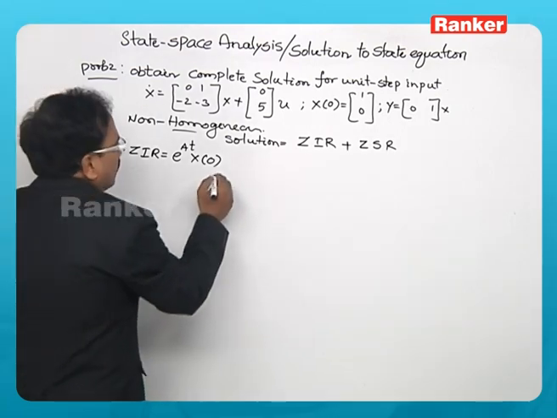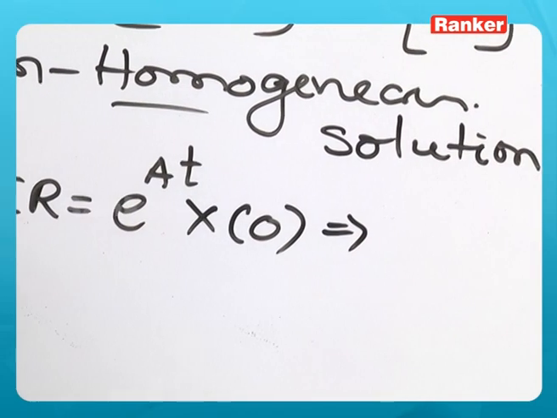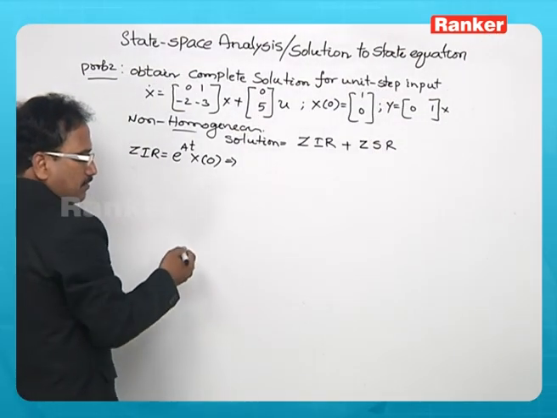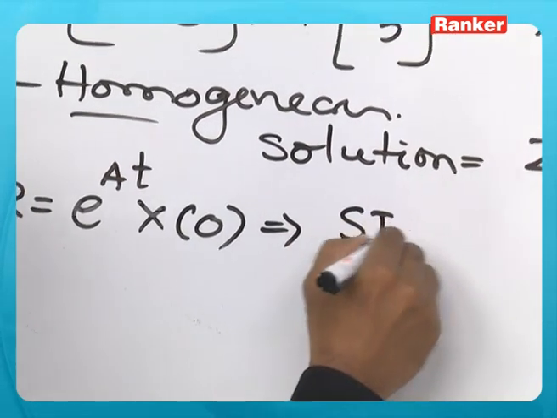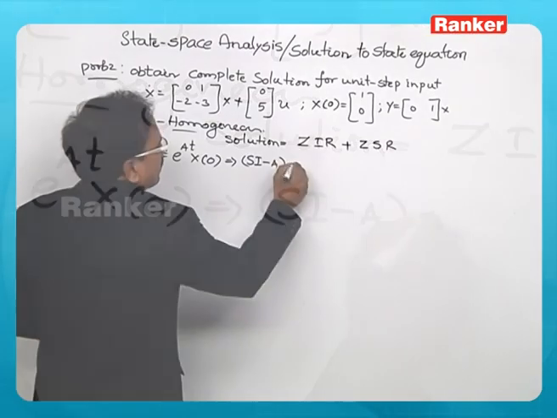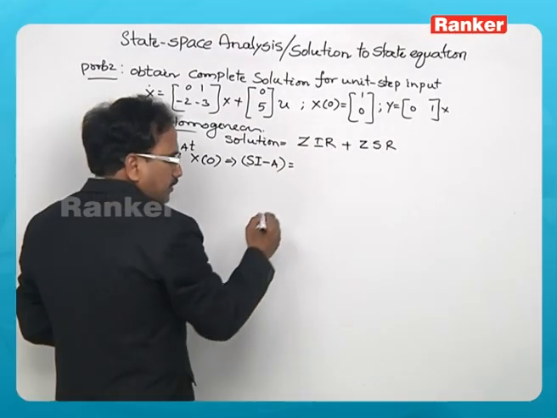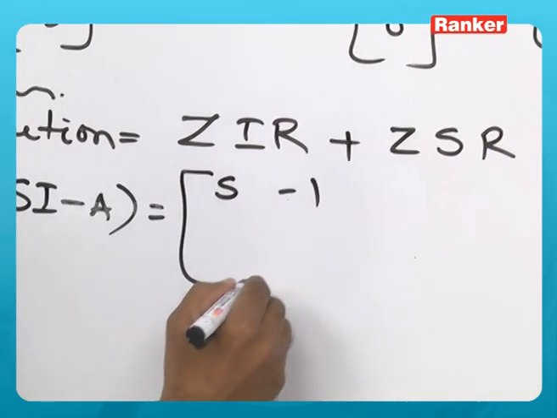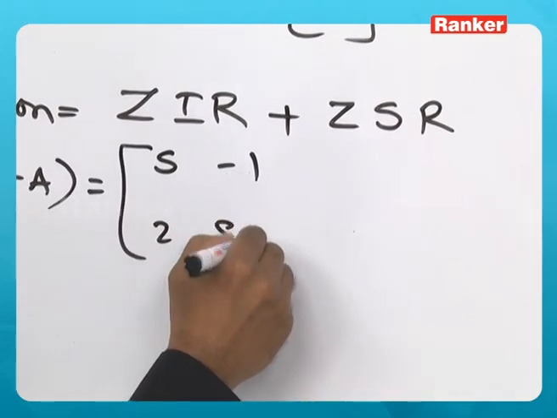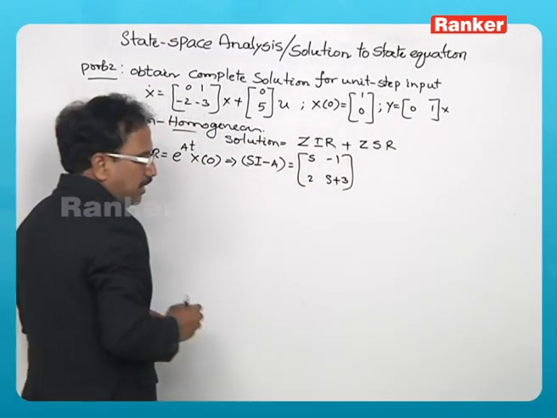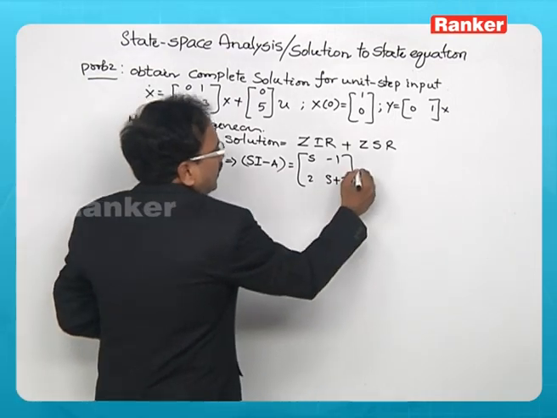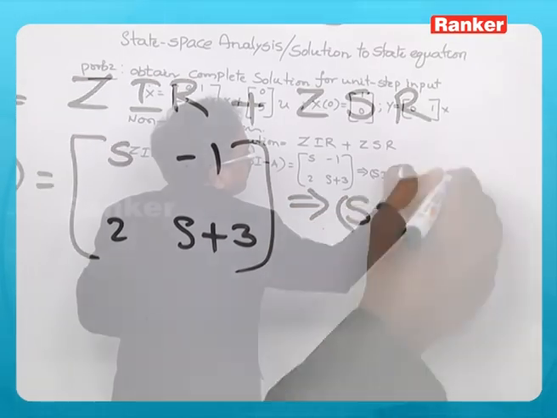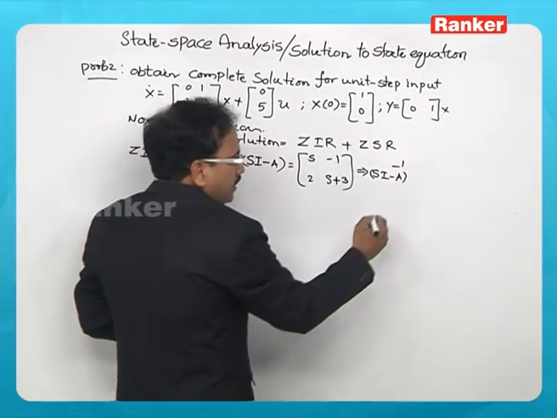For this you need to have sI minus A, then inverse and Laplace inverse. So, to get sI minus A first, it is a 2 by 2 matrix. So, you get [s minus 1, 2; s plus 3], this is sI minus A, and I want to get sI minus A inverse for this.